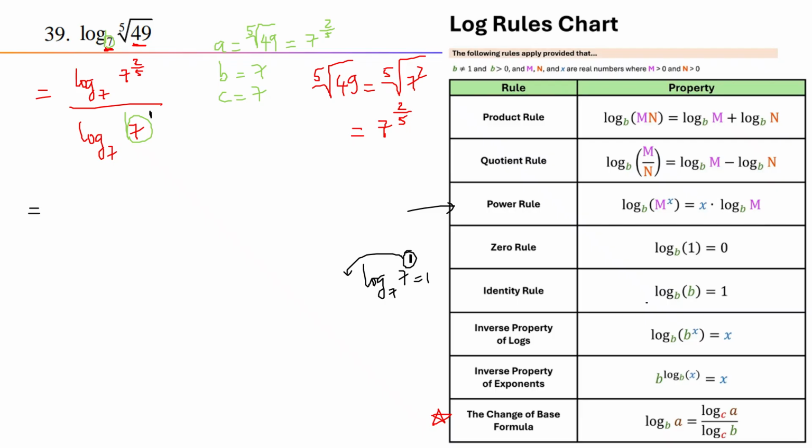Anyway, okay, so let's do the inverse property of logs. So we have this one, the same base 7, so the power will be the result. So we have 2 over 5 over 1. Anything over 1 is just that thing, so 2 over 5.